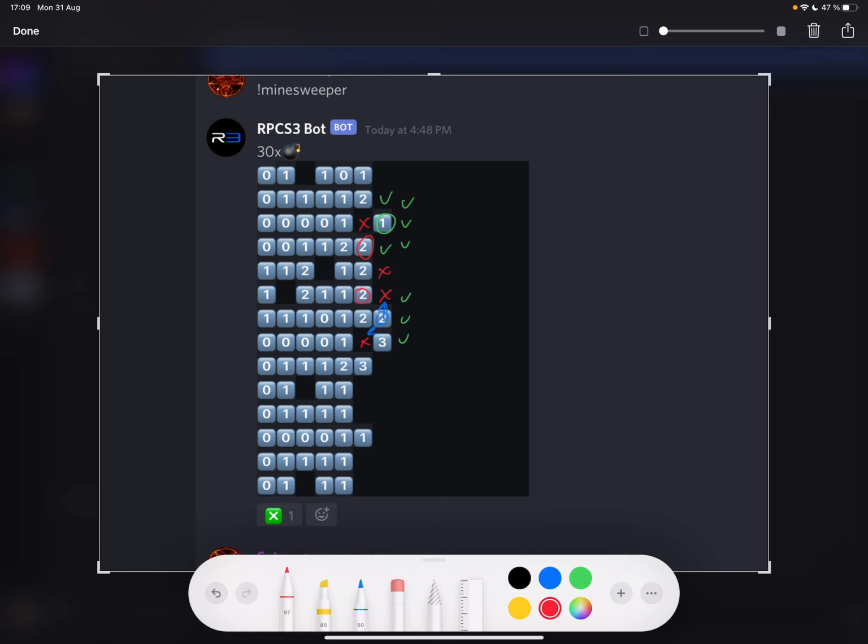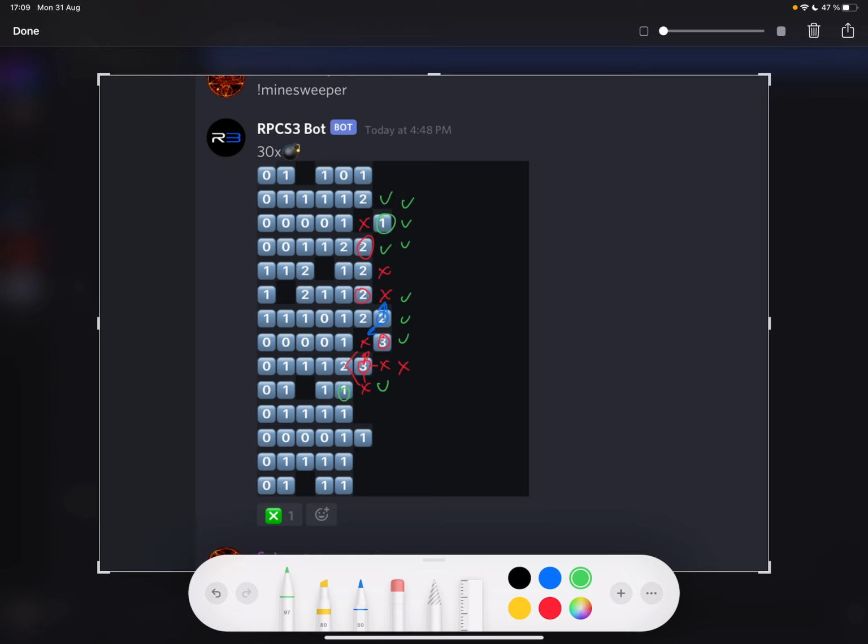That would mean that these 3 is touching only 3 hidden cells, and all 3 contain a mine. As a reminder, there is a mine here, and this 3 is touching 3 mines already. So that would mean there is no mine here.